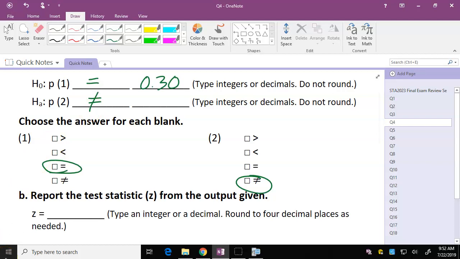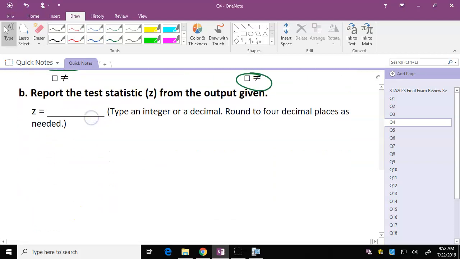We're asking that it's not 30%. Okay? So what will go into our second blank there for the alternative hypothesis? 0.3 again. Your numbers right there should not change. All right, then from here it says find the Z statistic. So how are we going to do that?